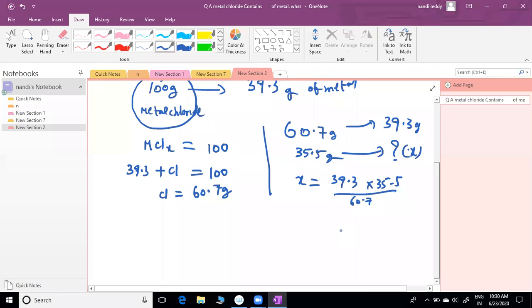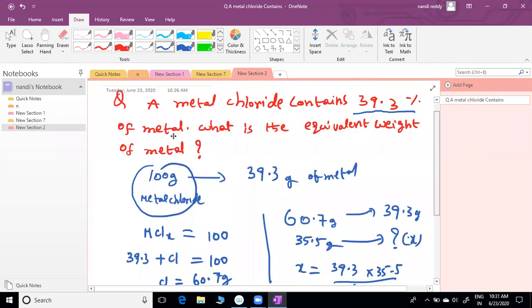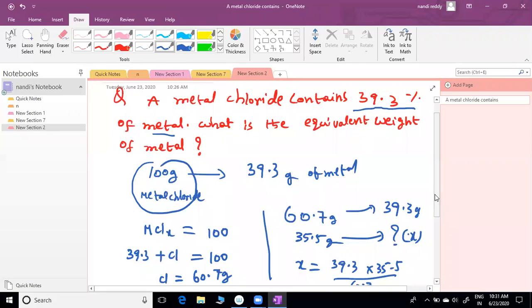What we did, please can you analyze? Please read your question one more time. Very simple. The metal chloride contains 39.3% of metal, which means this percentage is for 100. So I am taking 100 grams of metal chloride containing this many grams of metal. Metal chloride weight means metal plus chlorine both will be present. So this is the metal weight, this is the chlorine weight.